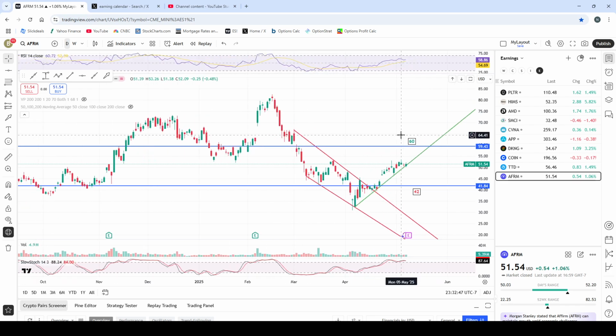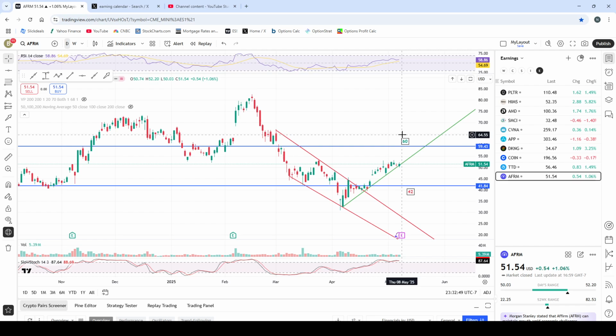Okay. When I look at this chart, it does look like it will move higher more than lower.